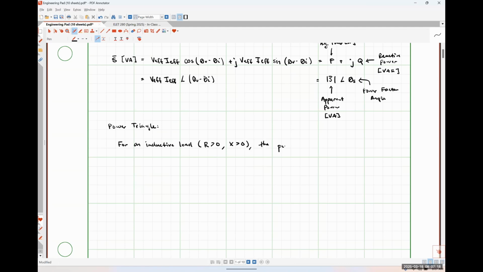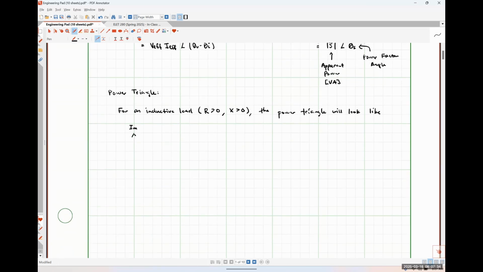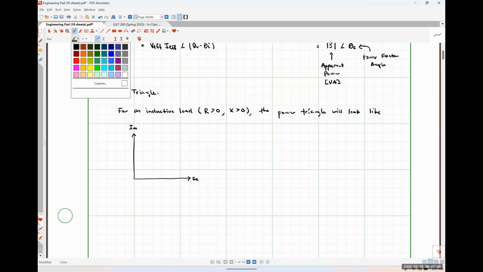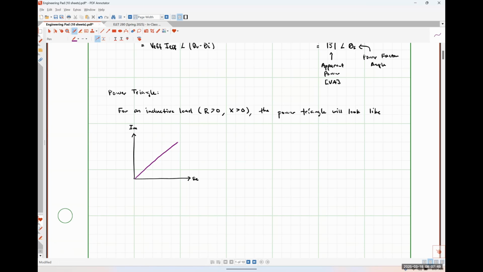So for an inductive load, the power triangle will look like this. I'm going to put the imaginary axis as my y-axis, and the real axis as my x-axis. What we should see is that our complex power vector will be in the first quadrant of our complex plane.